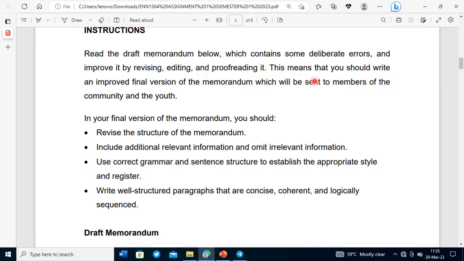And this means that you should write and improve the final version of the memorandum, which will be sent to the members of the community and the youth. I still remember that someone asked whether we should submit the old draft and the final draft. You will submit the final draft.